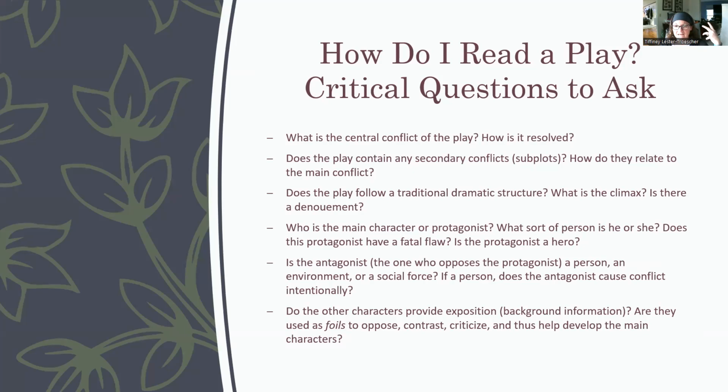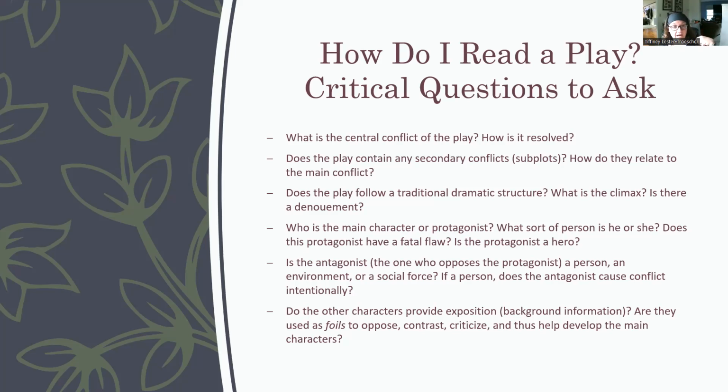If the antagonist is a person, does that person cause the conflict intentionally? Or was it just, kind of, the road to hell is paved with good intentions? Maybe they didn't intend for anything bad to happen. They didn't intend for this conflict to come up, but it did.